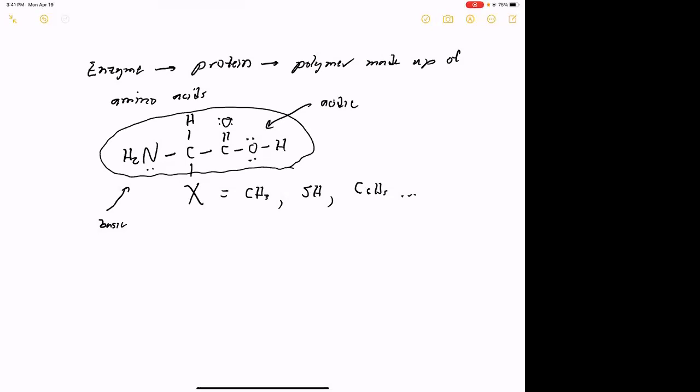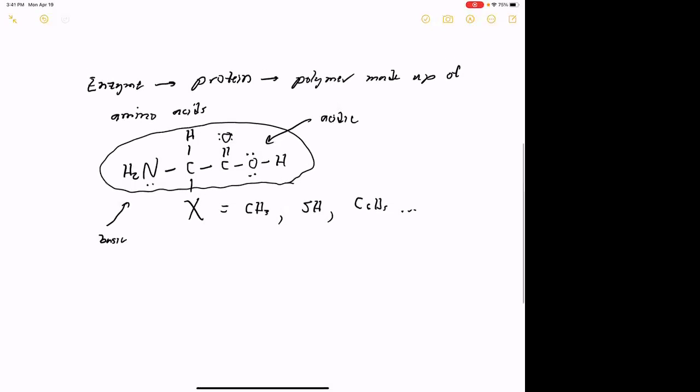Okay. Now, the whole idea, as I mentioned, is that because these amino acids have acidic and basic properties, we can protonate them and deprotonate them. And in fact, what we can actually do is link them together, okay, to form these little links in the chain of this long chain polymer that we call the protein.